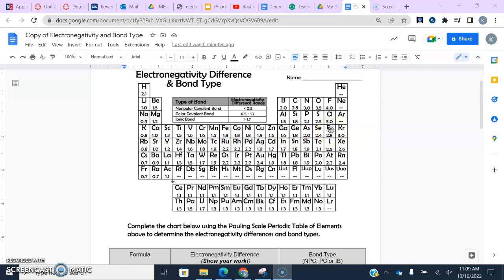Now again, the element on the right-hand side is going to be the element with the strongest electronegativity. So of course, we will put it first in the formula. We're not going to be dealing with negative electronegativities. Everything will be a positive number. So we're going to put our highest value first, and then we will subtract our lower value. So chlorine is 3.0 and sodium is 0.9.